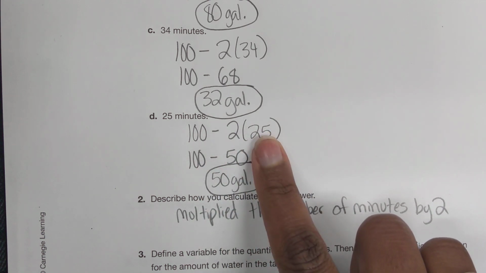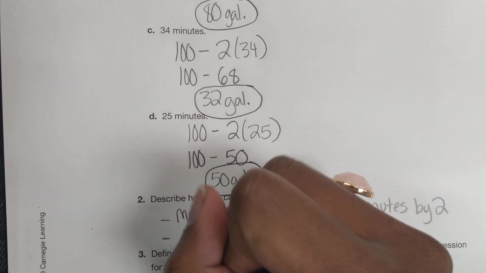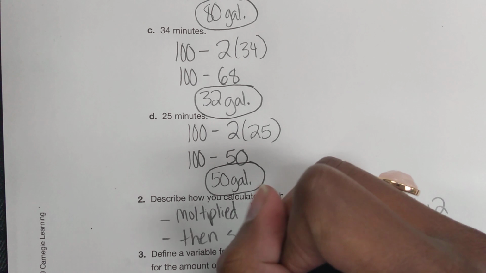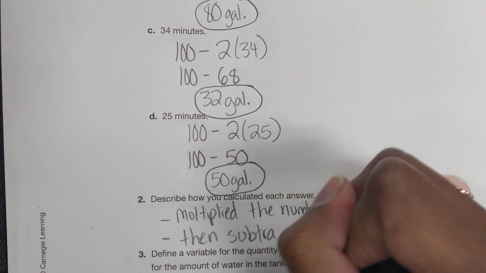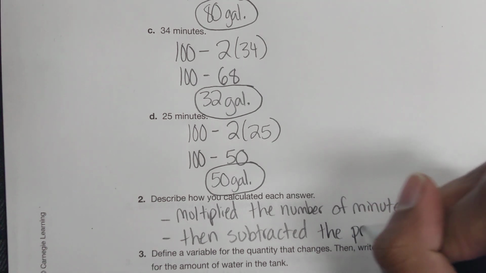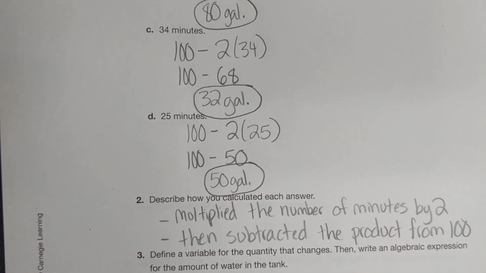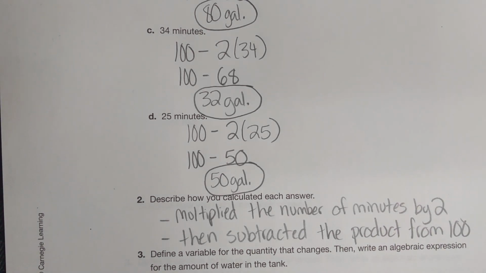We multiplied first. Multiplied the number of minutes by 2, then subtracted from 100. That was the pattern that you found. You did that each time.